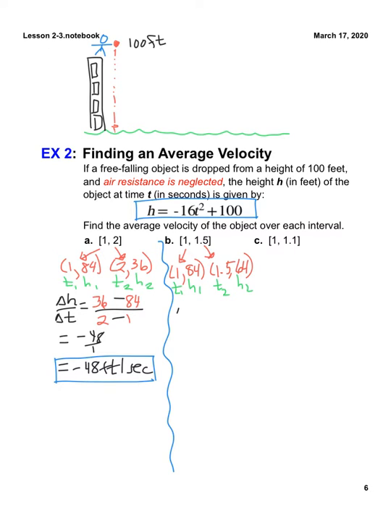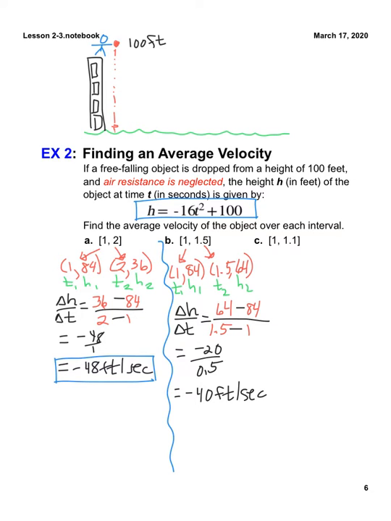And so we're going to find change in h over change in t. Then plug our values in. So I've got 64 minus 84, and then 1.5 minus 1. So that gives me negative 20 over 0.5, which gives me a total of negative 40 feet per second.